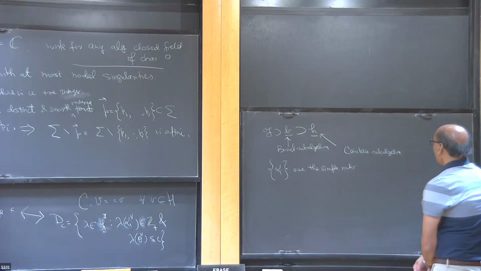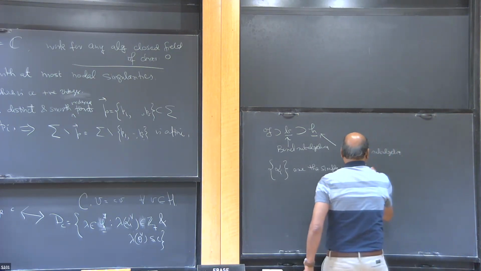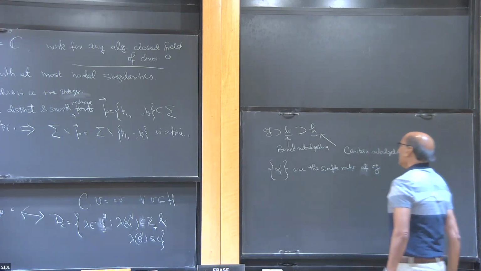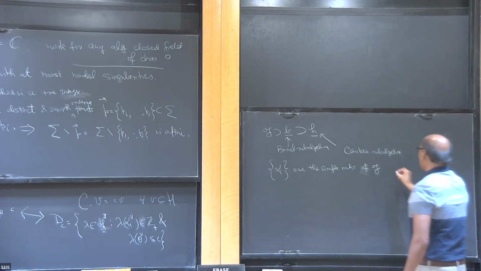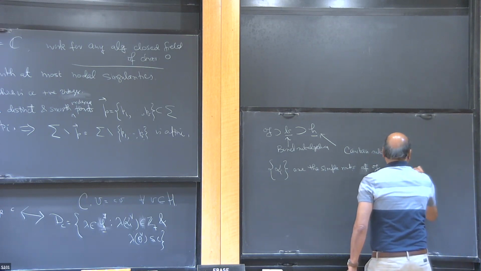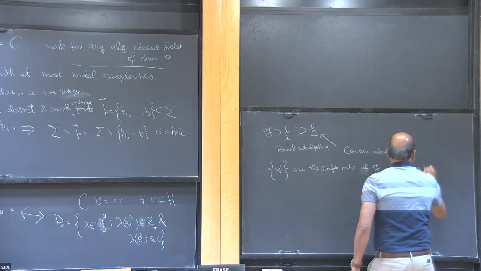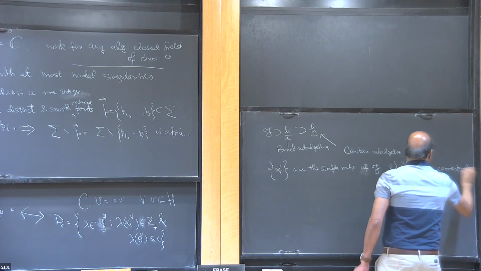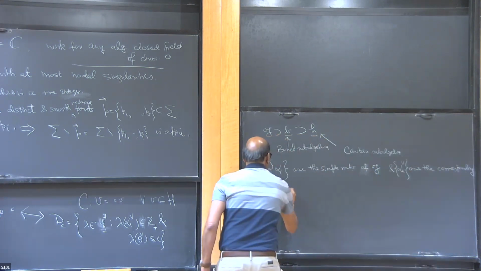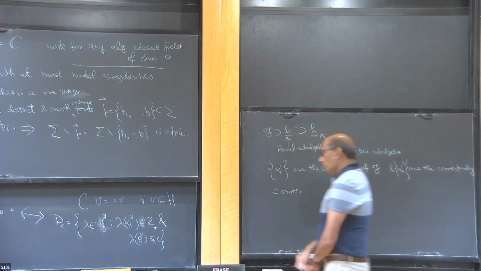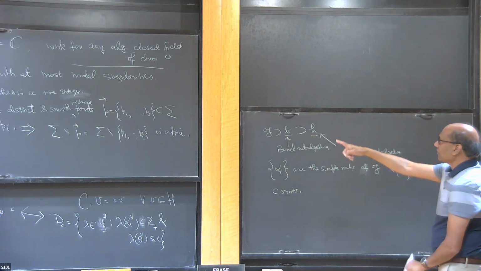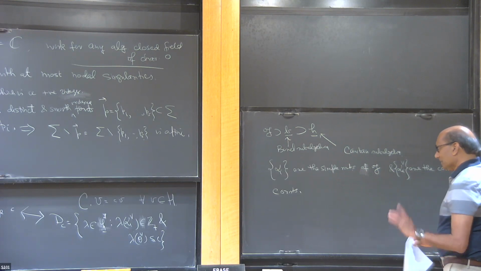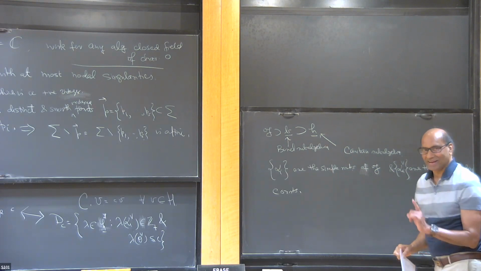So alpha_i are the simple roots of g, not of g hat, of g. And alpha_i check are the corresponding co-roots. Theta was already mentioned; theta check I have to be a little careful about.